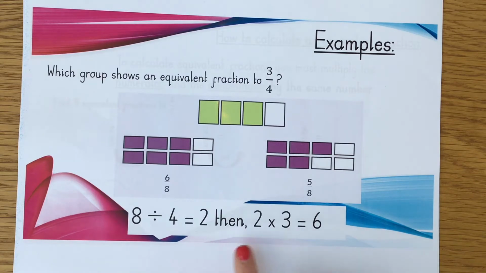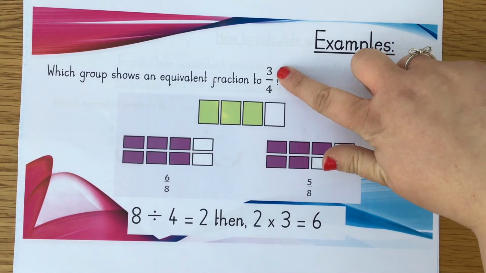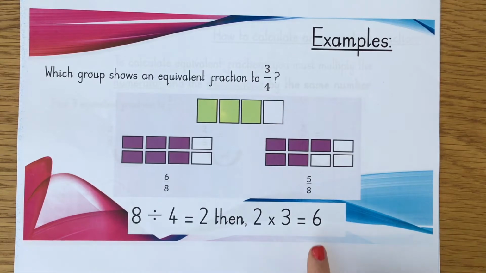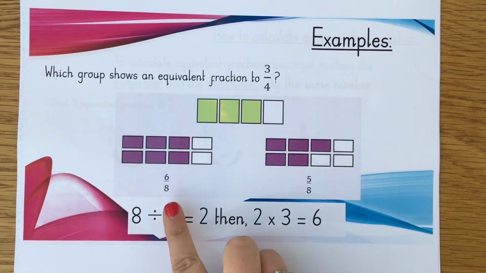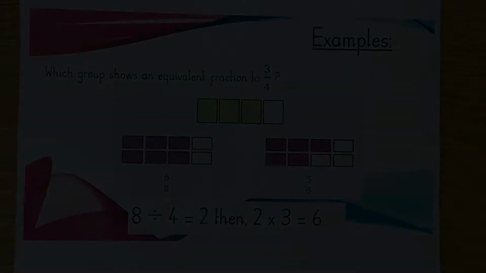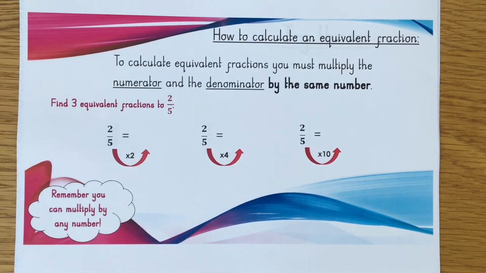So as you can see here, I've done 8 divided by 4 is 2, and then 2 multiplied by 3, the numerator, because I want 3/4. So that is 6. So 3/4 of 8 is 6. Okay, so I know that 6/8 is equivalent to 3/4. Okay, moving on then, we're going to be looking now at how to calculate an equivalent fraction.